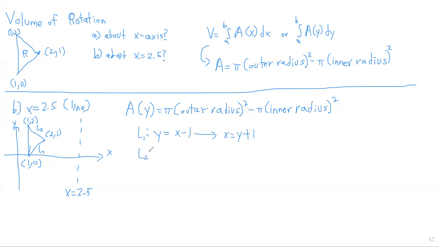L2, y is equal to 3 minus x. Let's see, so then x plus y is equal to 3, and x is 3 minus y. These are the two parameterizations. You guys got to see this, right?